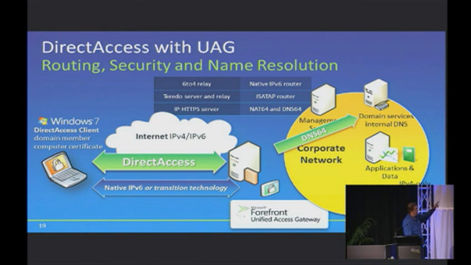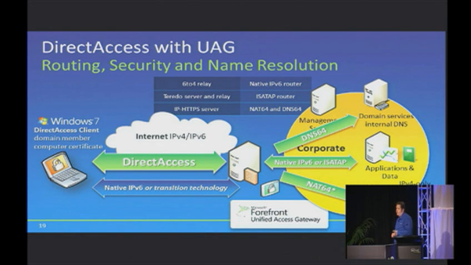So UAG is going to make the DNS queries to IPv4 resources. And then when you know that information, you're able to access the IPv4 resources by NATing the IPv6 address that the client is using to an IPv4 address internally. And still, you're able to use the same techniques that were there before when you're not using UAG. So that would be native IPv6 and ISATAP.